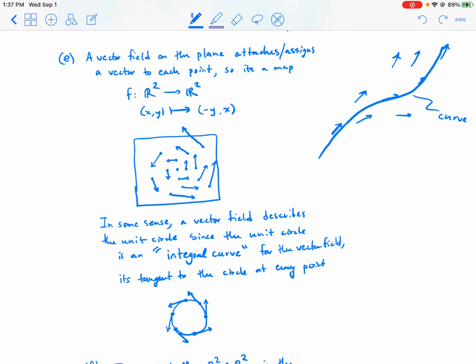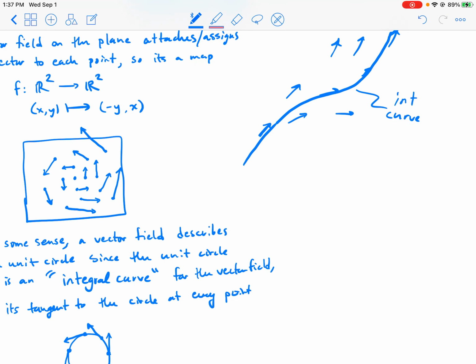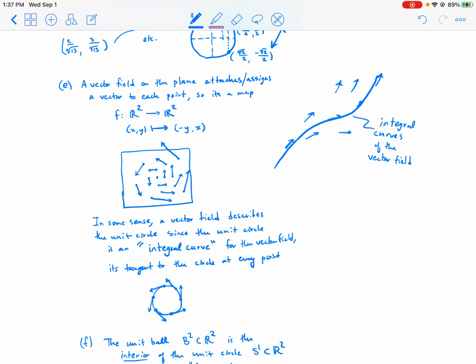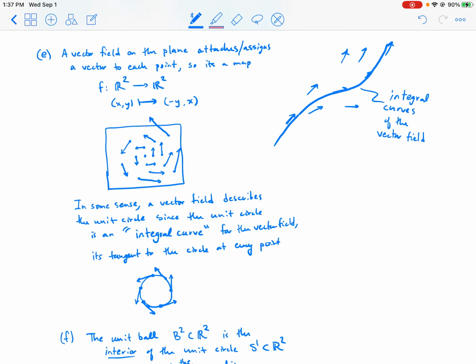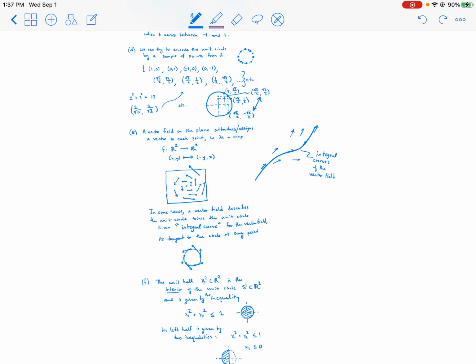So the curves that are tangent to the vector field at every point are called integral curves of the vector field. Intuitively, this is clear from the drawing, and we're going to talk about it later, so I'm just throwing this picture at you. Okay, so the circle works for this specific vector field, but not for other ones.